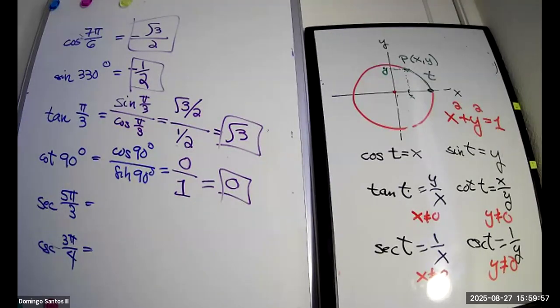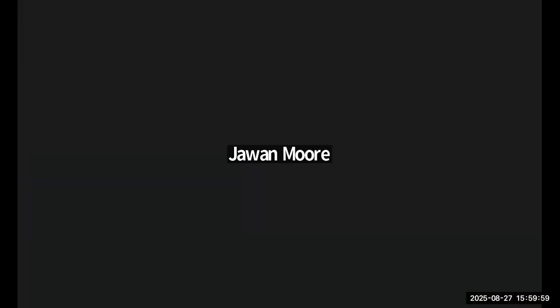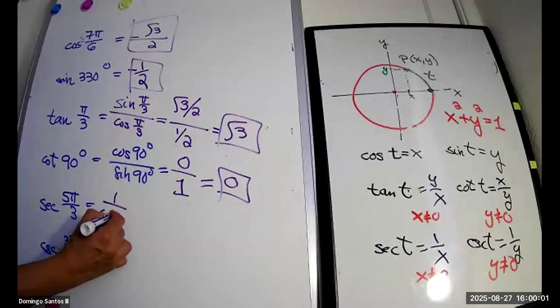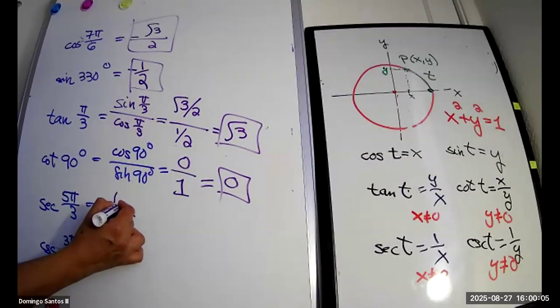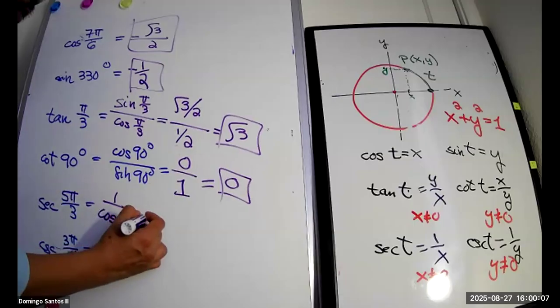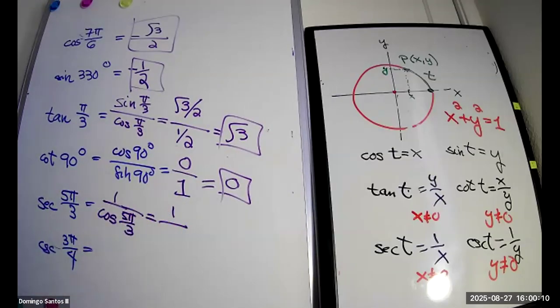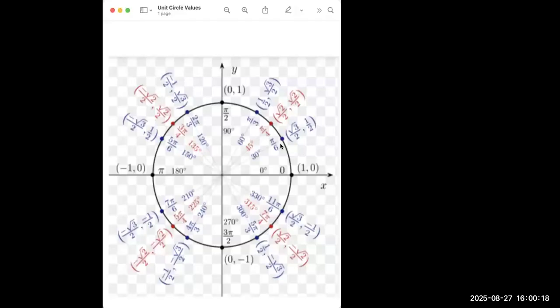Now, secant 5 pi over 3. We know that secant is 1 over cosine, right? From trig. So this is 1 over cosine 5 pi over 3. What's cosine 5 pi over 3, Jawan? Let me see.